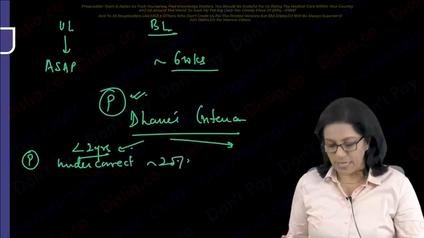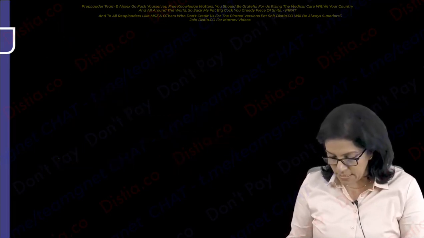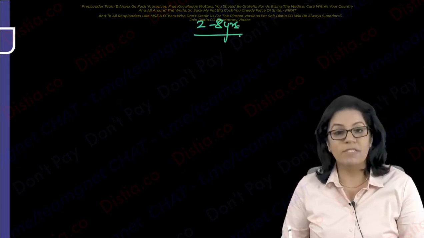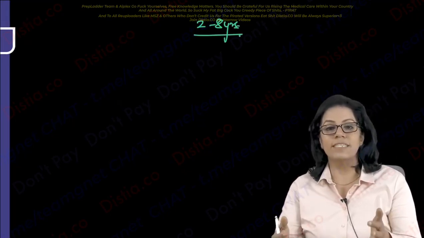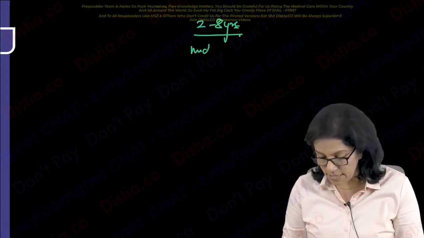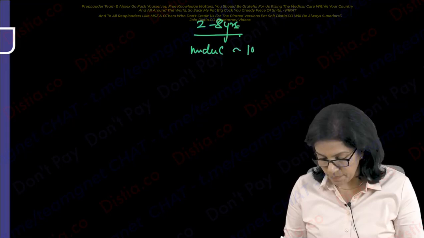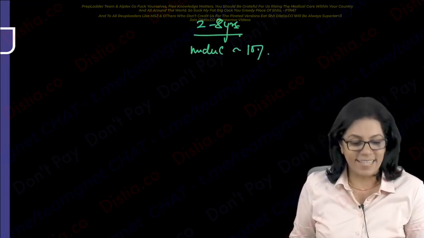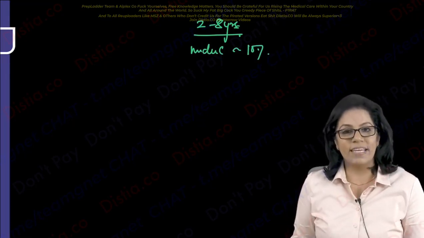Okay, so we undercorrect by 20%. And if the child is 2 to 8 years, of course it's late to operate at this age, but if he is presenting and coming to you at this age, even then we undercorrect by 10%. So this is what we follow to manage a congenital cataract, right?